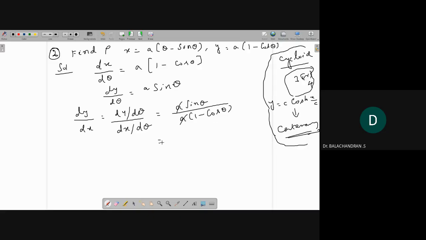You know the formula for sin 2 theta, that is 2 sin theta into cos theta. So sin theta is 2 sin theta by 2 into cos theta by 2. Similarly, 1 minus cos 2 theta equal to 2 sin square theta, so 1 minus cos theta equal to 2 sin square theta by 2.